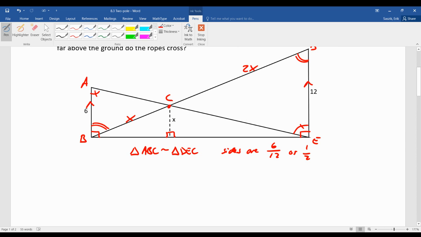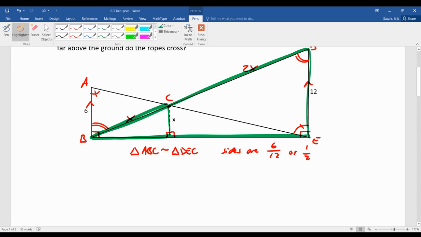Okay. But I also have additional similar triangles, which is what I was getting at a moment ago. I have this triangle here. Whoops. Let's try to get my highlighter going here. This one here is similar to this one here, right?